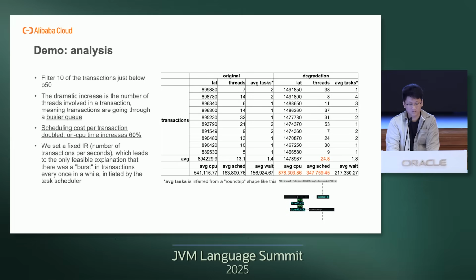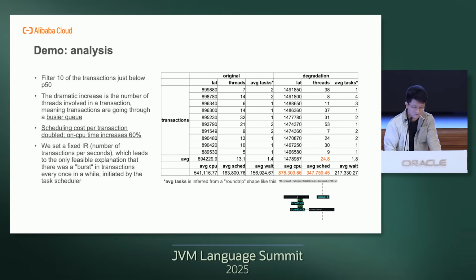So what we do is filter 10 transactions just below P50. We filter 10 transactions from the original run just below 900 microseconds, and then we filter transactions from the degradation run just below 1500 microseconds.